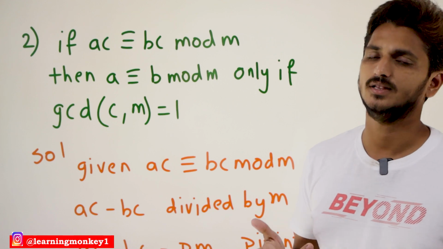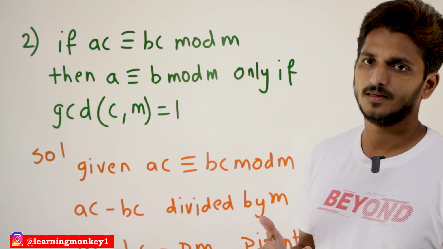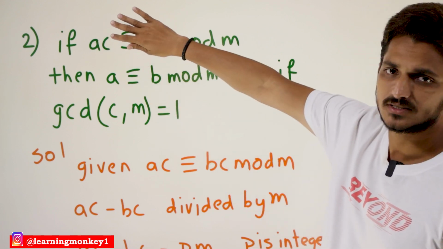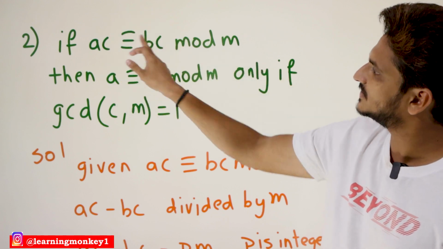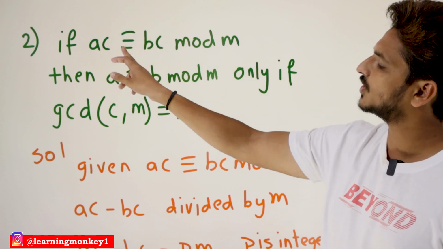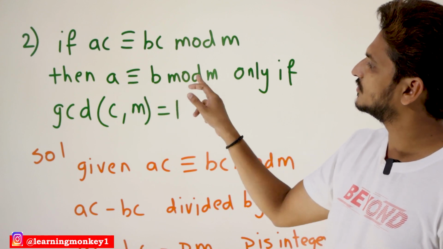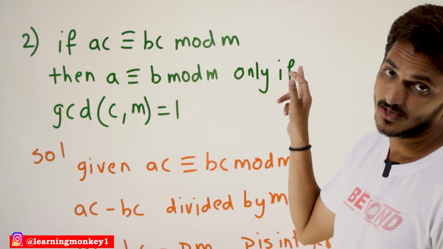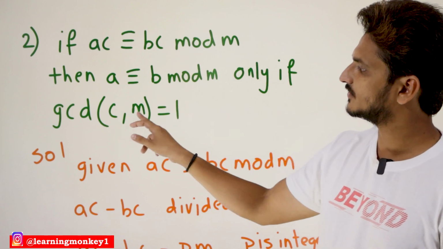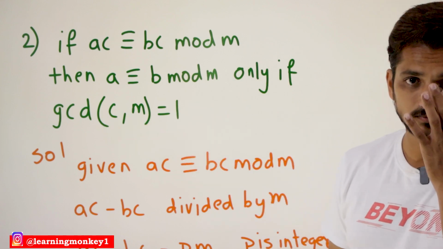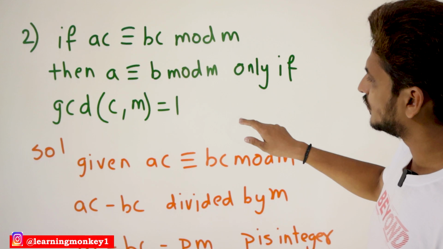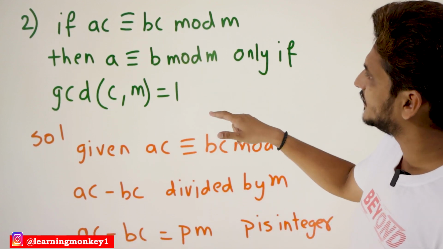Then only we can say that. If this happens, then from this we can eliminate C. In easy words to understand, eliminate C. You can directly write it as A congruent to B mod M only if GCD of C comma M is equal to 1. Now we try to understand the mathematical proof.